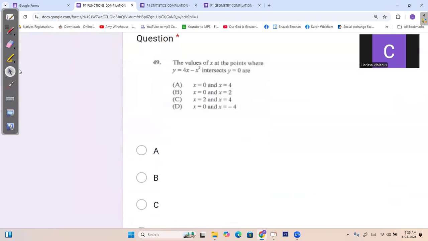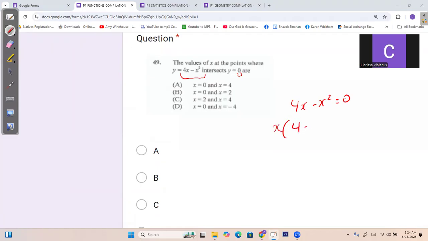The value of x at which the points intersect. So you just make them equal to 0. So anytime you got two equations, you make them equal to 0. So this equation is equal to this, which is 0. So you put 4x minus x squared is equal to 0. This should look familiar because we actually did this question before. So we factorize, we take out x.